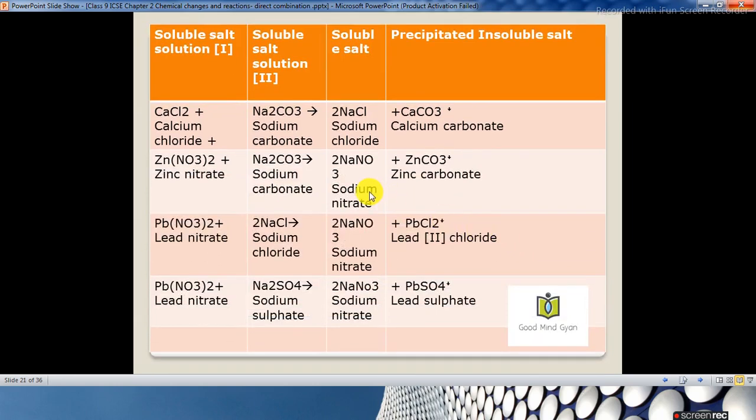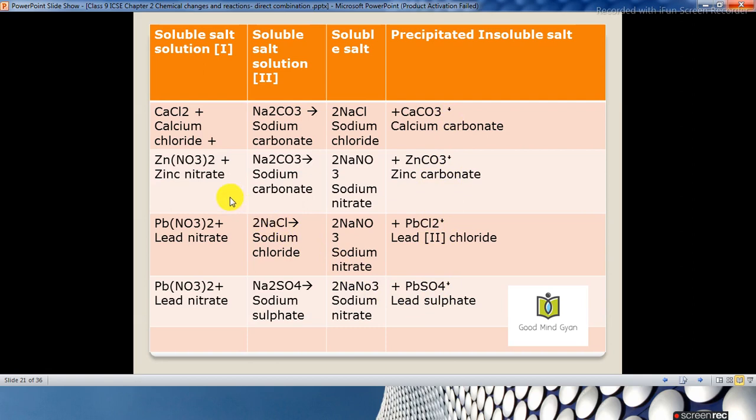Here are a few examples in the table where you can see a soluble salt, a soluble salt solution, and a precipitated insoluble salt. For example, calcium chloride plus Na2CO3, that is sodium carbonate, gives sodium chloride and calcium carbonate, where calcium carbonate is a precipitate. You can see a downward arrow, which indicates that it's a precipitate. All these are precipitates: zinc carbonate, lead chloride and lead sulfate.